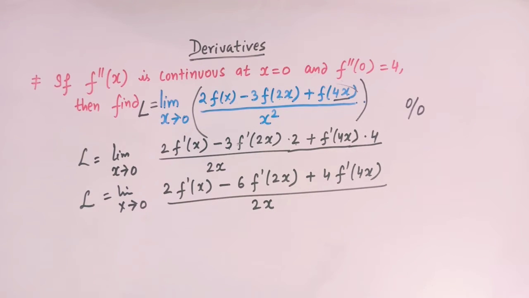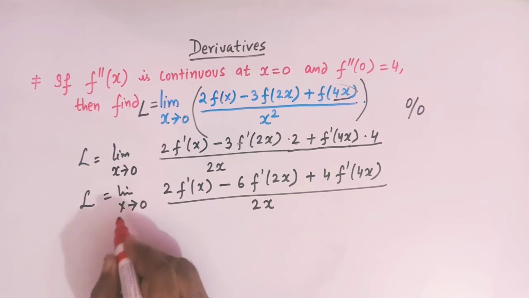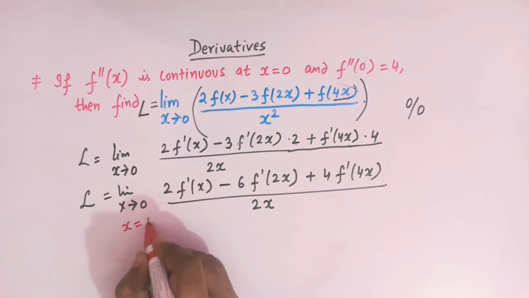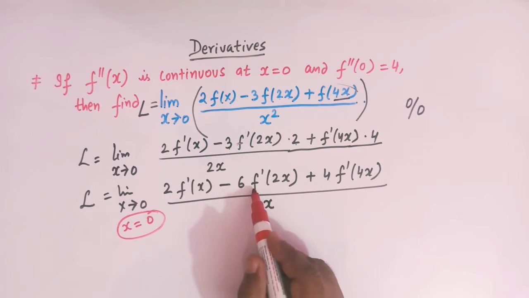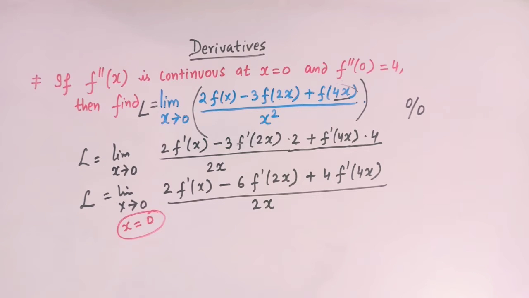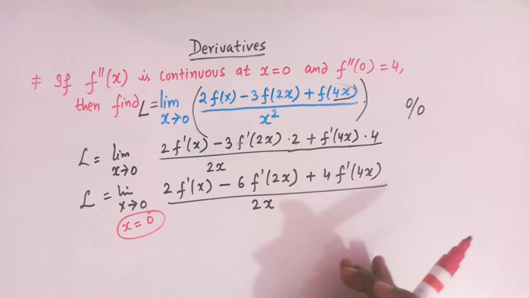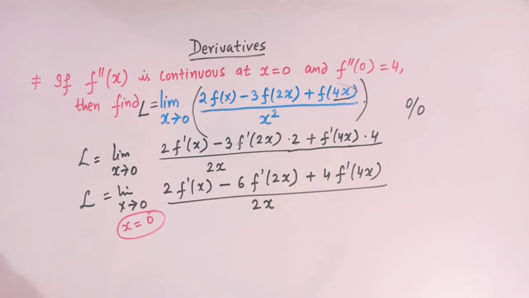Now see, if we take x is equal to 0 and substitute it in the numerator and denominator, let us see what we get, because in the second step we'll also use L'Hopital's rule. So let us substitute x is equal to 0 in the numerator and denominator.